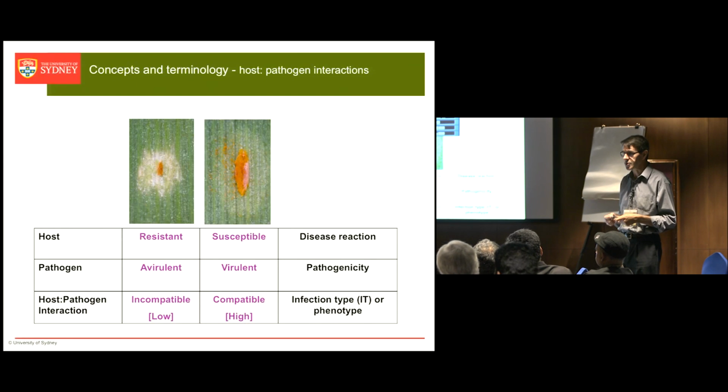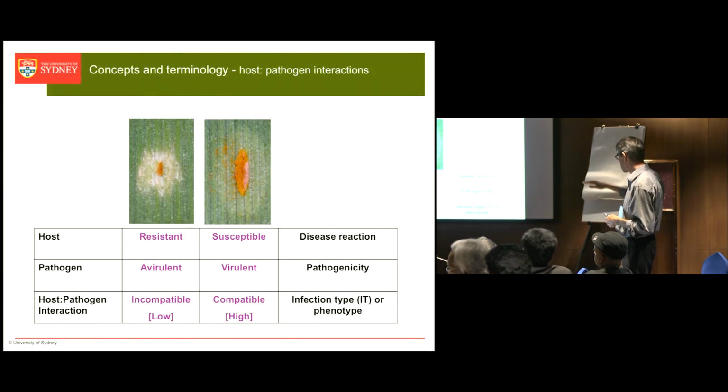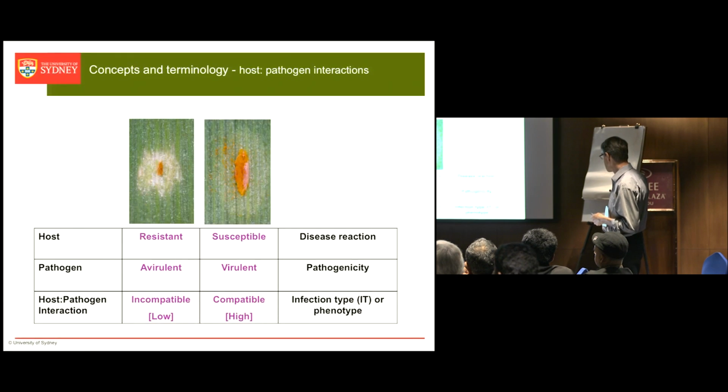I think you'd be familiar with the terms phenotype and genotype, right? The genotype is the actual genes that are present. The phenotype is what we see, the outcome of those genes. So we can call this an incompatible or compatible phenotype. Often we just say a low infection type or a high infection type.